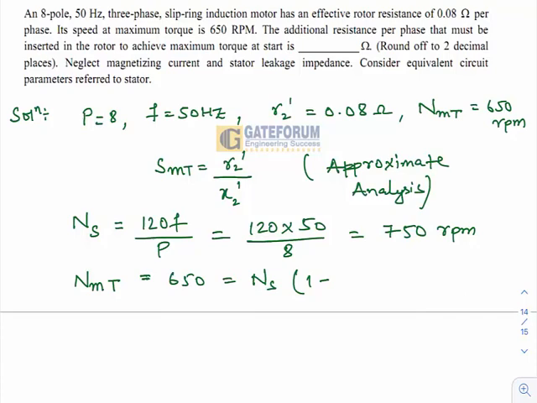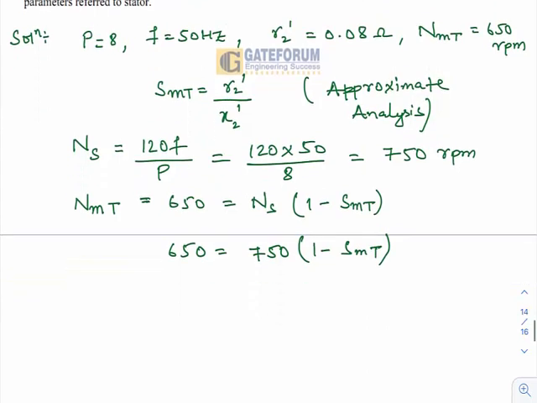If the rotor speed is maximum, the slip corresponding to this speed will also be maximum, while the synchronous speed remains constant. So 650, and ns we found as 750, times 1 minus SMT. So tell me the value of SMT, guys.